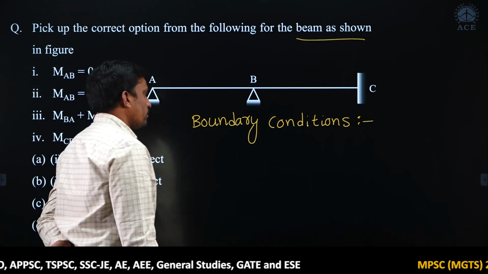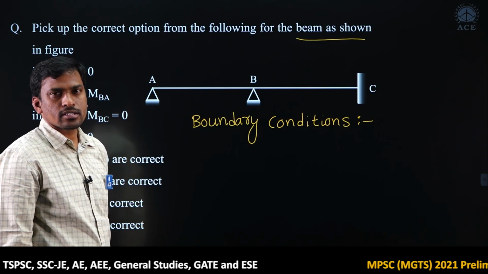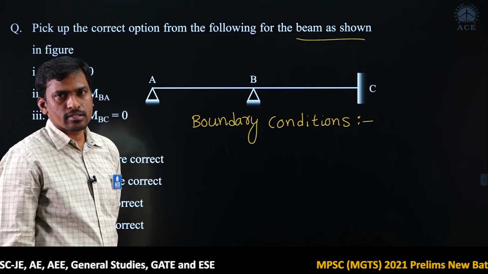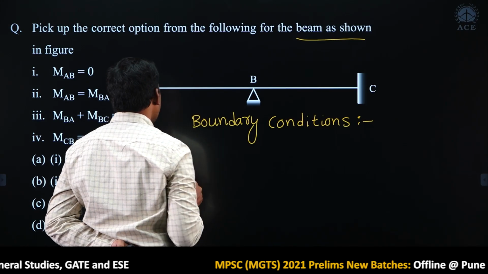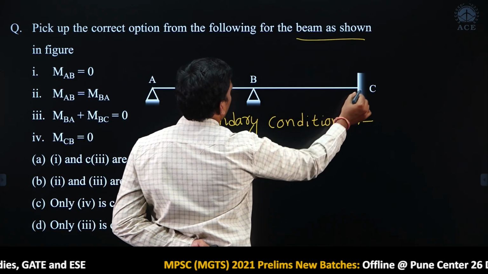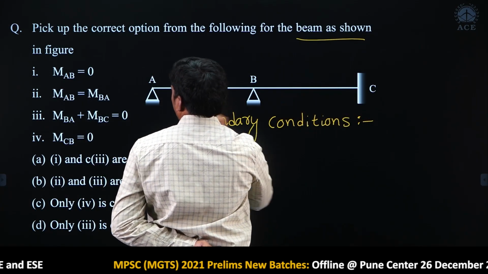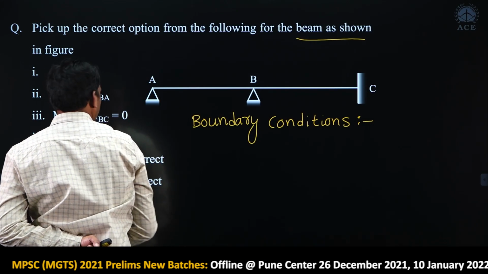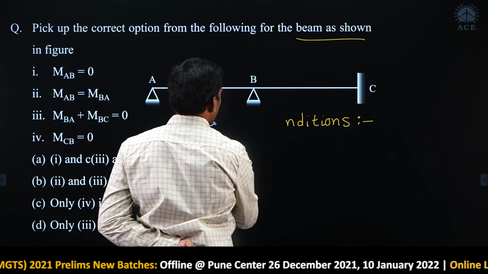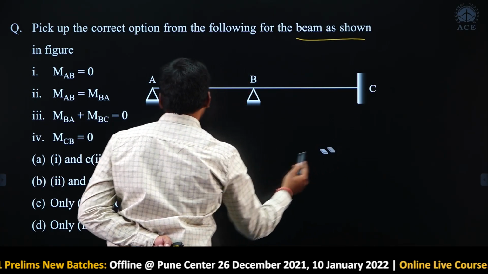What are the boundary conditions? Known values, right? Yes or no? So what are the known values here? Slope at C, right? You are asking joint equilibrium equation, right? Not boundary condition. If you see the options, it is not boundary conditions.